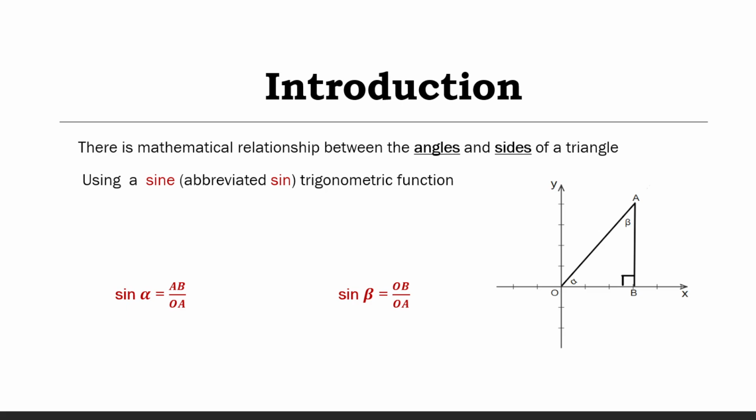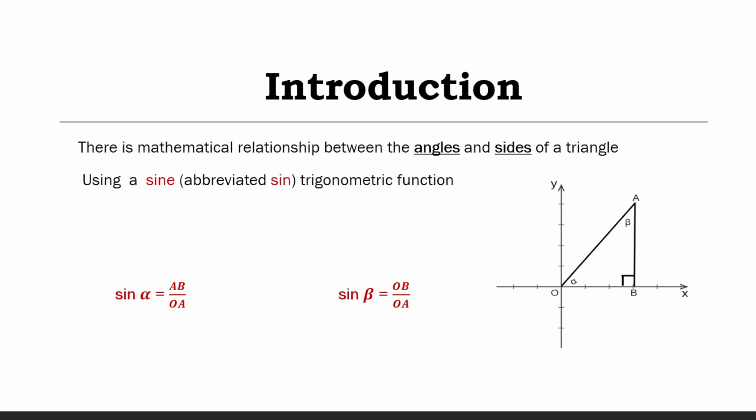If you know angle alpha, and you know AB, and you know OA, there's a relationship given by sine alpha equals AB over OA.